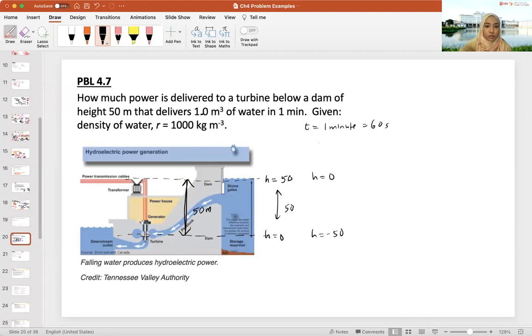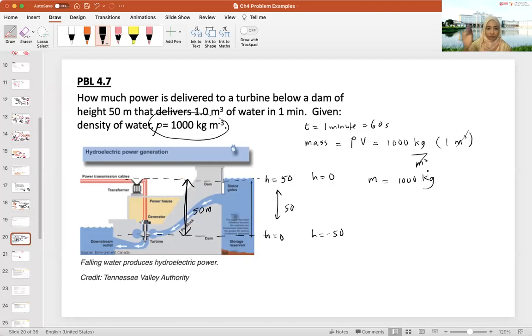It delivers 1 meter cube, and we can find the mass using rho times volume. So the mass of the water is rho times volume. Rho is 1,000 kilograms per meter cube times 1 meter cube. The units cancel out, so you get a mass of 1,000 kilograms.